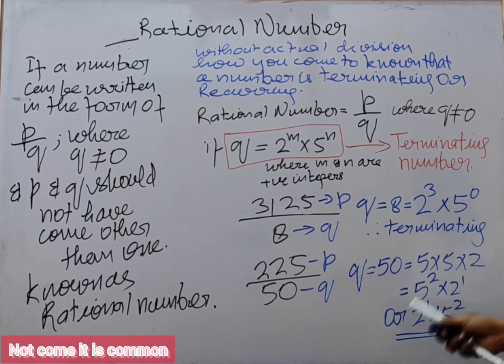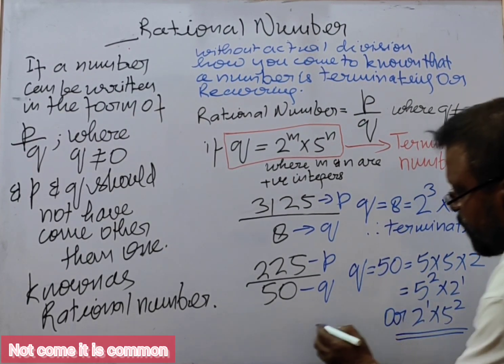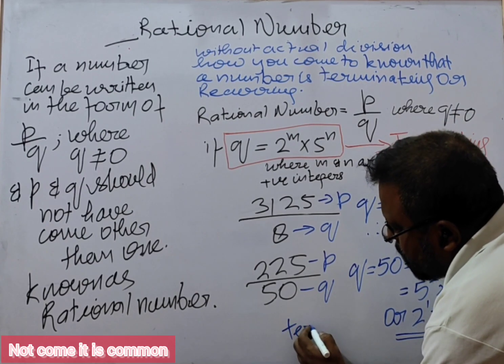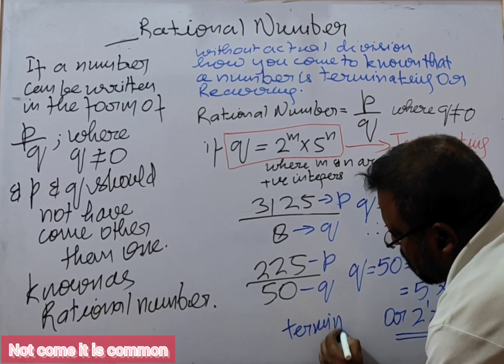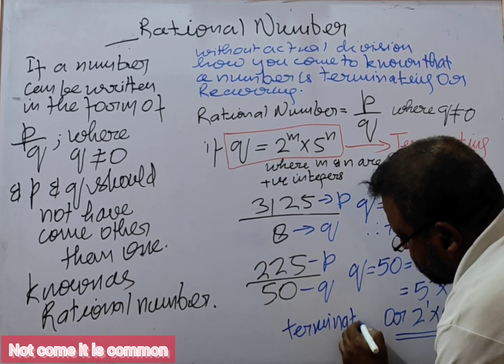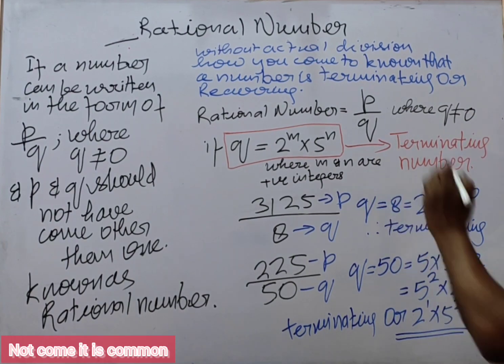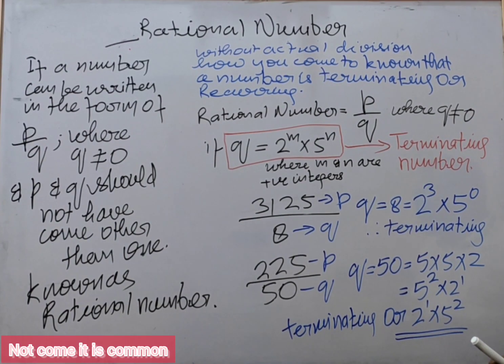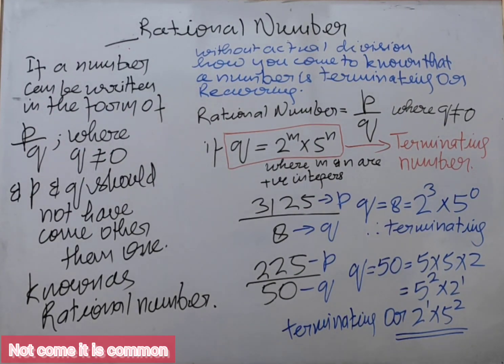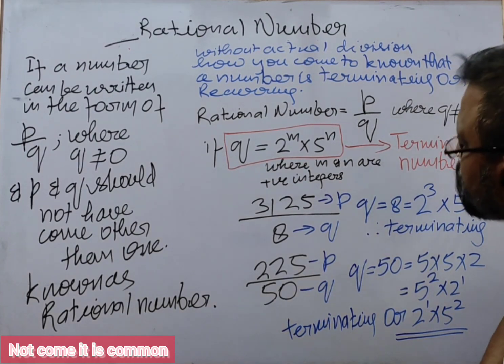For terminating numbers, it is necessary that Q, the denominator of the fraction P upon Q, can be written in the form of 2 raised to the power m into 5 raised to the power n.